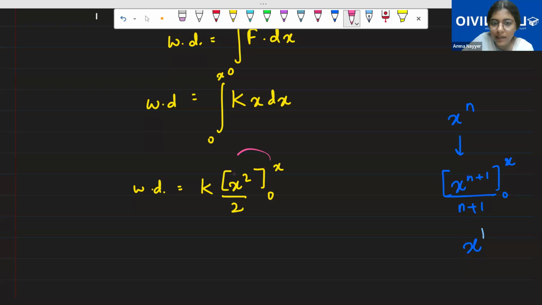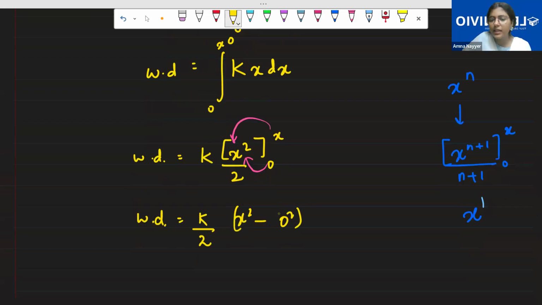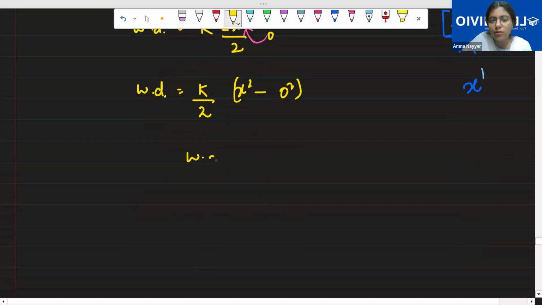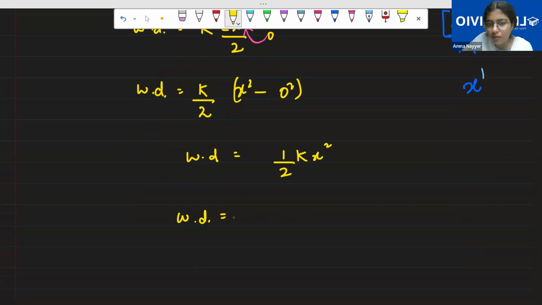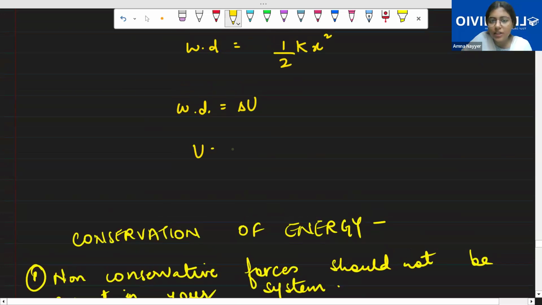Now we put the upper limit here and the lower limit here. So work done will be k by 2 times x square minus 0 square, which is simply half kx square. According to the work-energy theorem, work done is converted to the change in potential energy. So potential energy is half kx square.